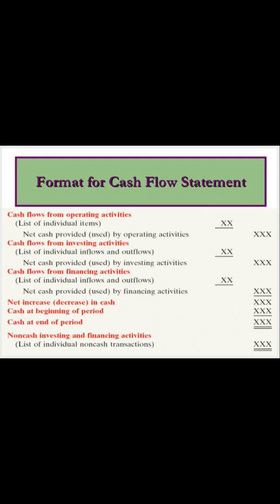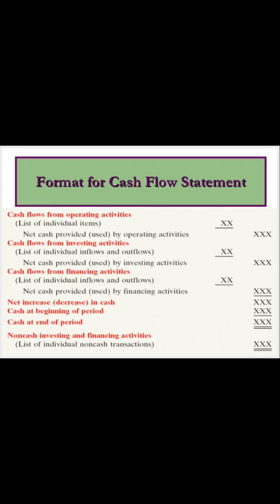After calculating the net cash from operating activity or used by operating activity, if the net cash is positive, we have to use from. Otherwise, if the net cash comes to be negative, then we have to write used by.